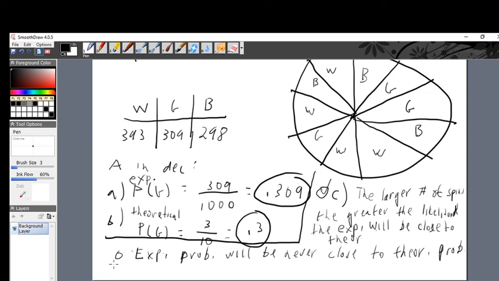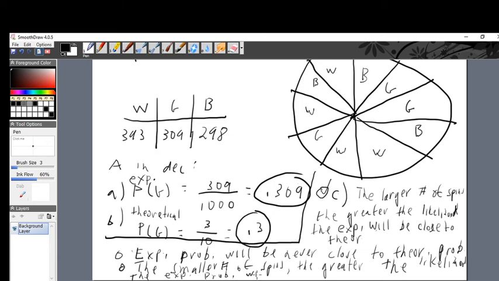And the other thing that's not true that you don't pick for C is just the opposite of this: the smaller the number of spins, the greater the likelihood that the experimental probability will be close to the theoretical.